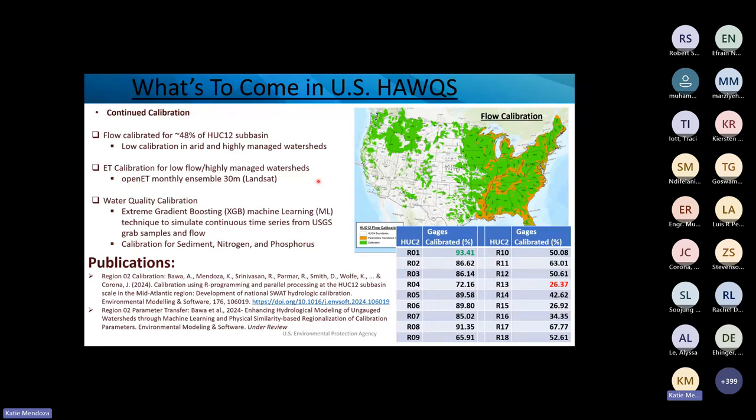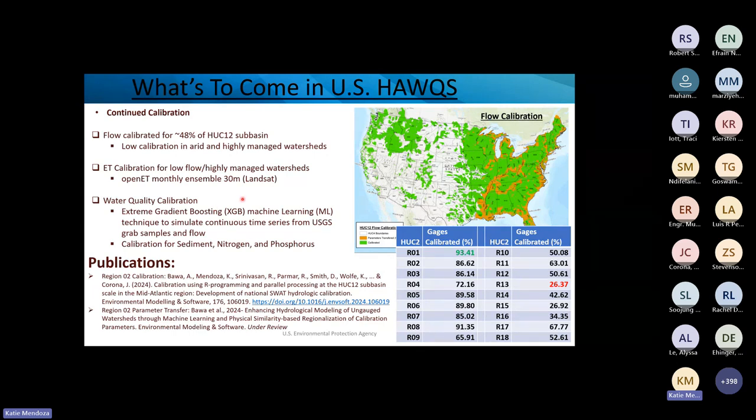So we are transitioning to an evapotranspiration calibration within those regions. And we're using the OpenET monthly ensemble data to continue that calibration effort. So when that is finished, we will have that completed HAWQ12 data set with either flow or ET calibration across the entire US.